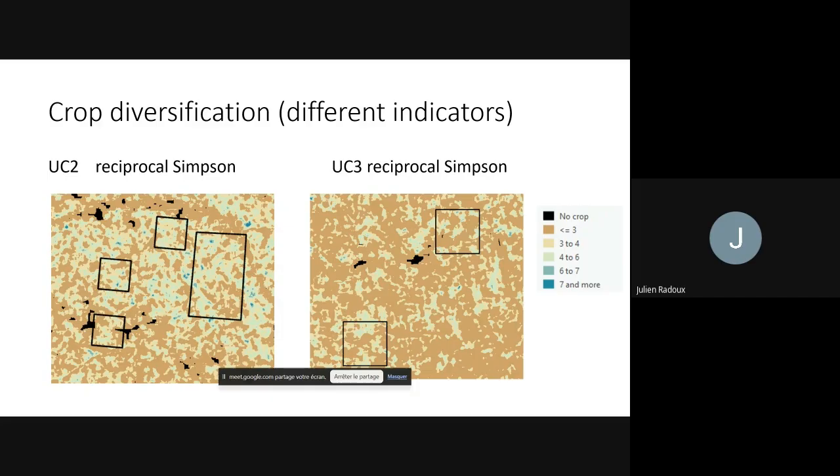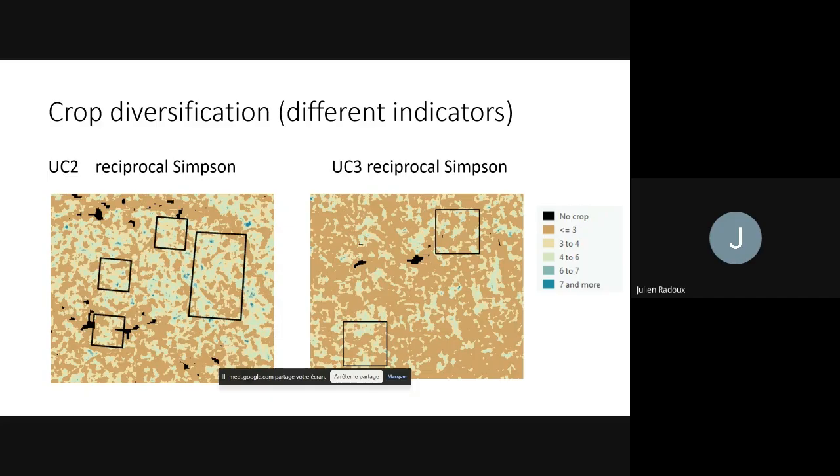We reach much more blue areas where we are above the threshold that is sought for the payment for ecosystem services with a level of 7, and in the brown it means that we are below the level where it's considered acceptable for diversification. So those are the areas that should be in priority diversified.